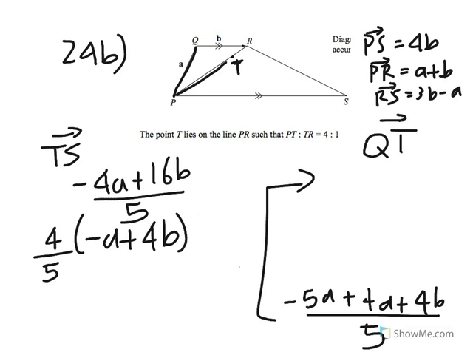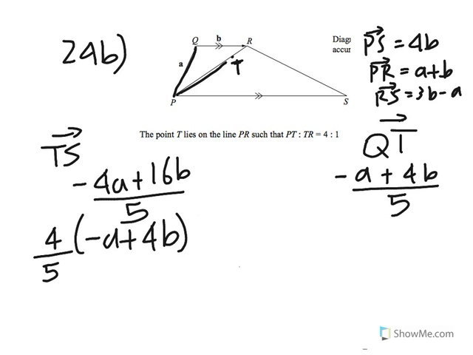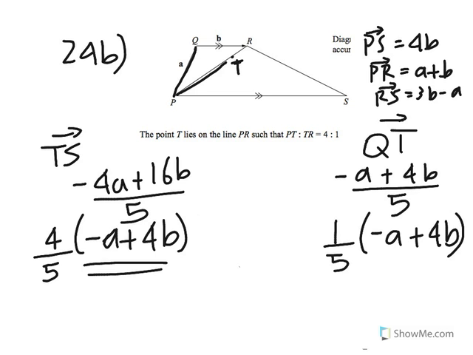Now this simplifies to (negative A plus 4B) over 5. Now, to compare QT to TS, we need to keep that (minus A plus 4B). So to do that, we're just going to factorize out a 1 over 5. And we're going to get (minus A plus 4B). Now notice that these two are the same.